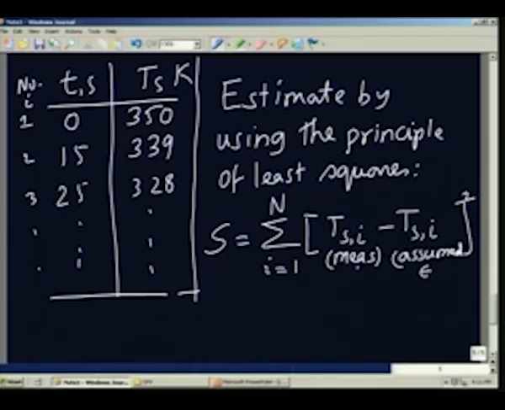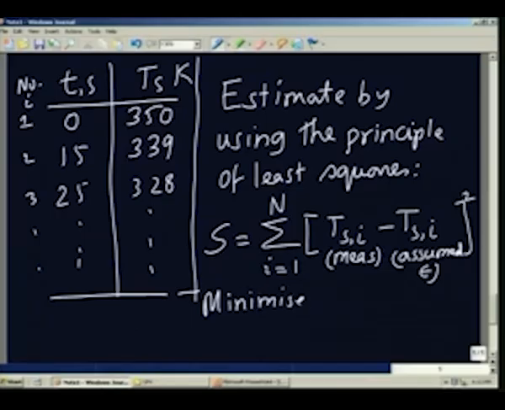I have the measured values here, I will assume a certain epsilon and find out these values for the same t values. Ts_i measured corresponds to T measured at these time values, and Ts_i assumed, with assumed epsilon, I am going to calculate. I require that this sum of squares must be the smallest. So, minimize S.